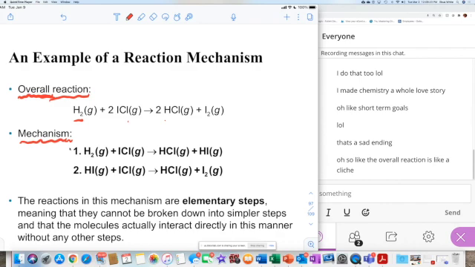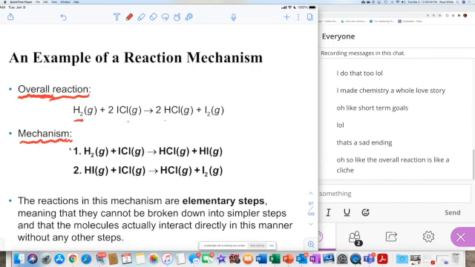Up until this point, chemical reactions have been exactly that, the cliche or the oversimplified form of what's actually happening. Now we're looking at the play-by-play, what is really happening in the beaker, in the container where the molecules are reacting. So the overall reaction takes place in two steps.